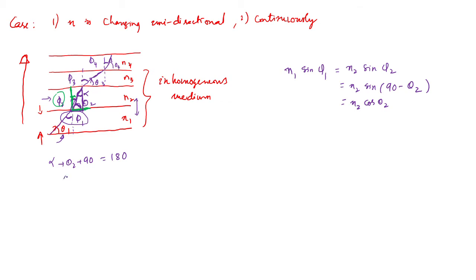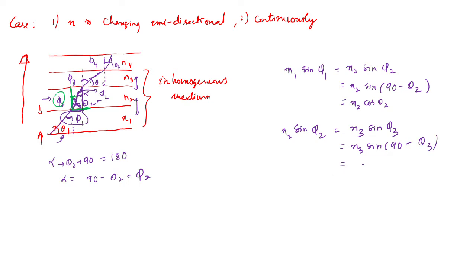So alpha would be 90 minus theta 2, which is also phi 2. So for the interface between n2 and n3, I could write the same thing: n2 sine phi 2, the angle of incidence, is equal to n3 sine phi 3. By applying the same logic, I can write sine phi 3 as sine of 90 minus theta 3, which gives n3 cosine theta 3.